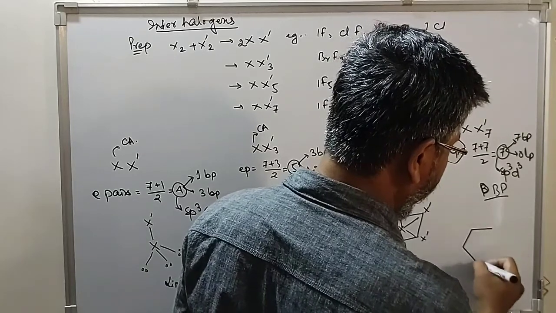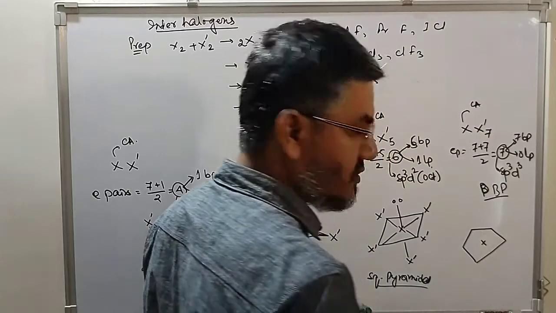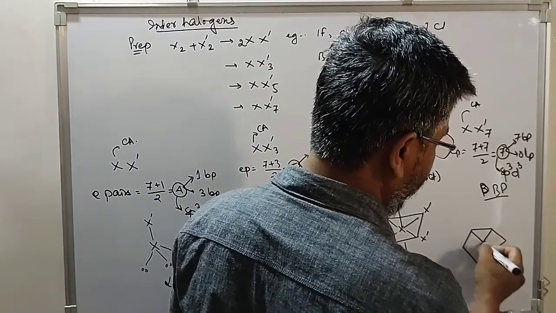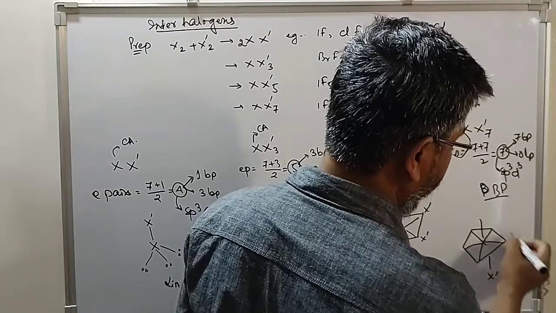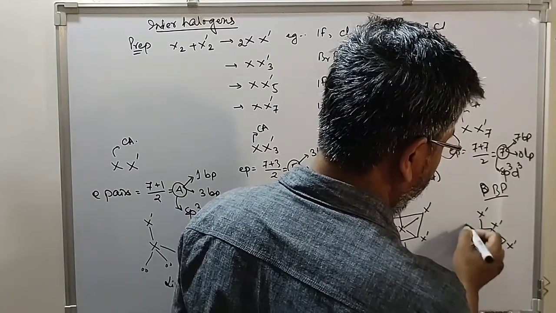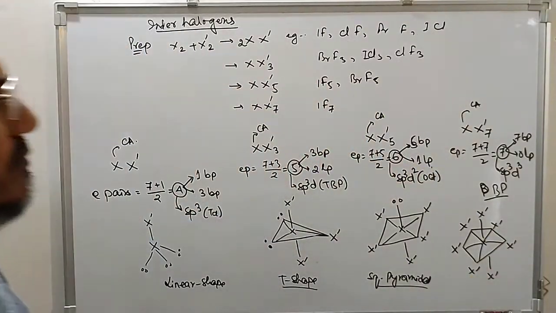We have a regular pentagon, the center is occupied by X, then we have X prime, X prime, X prime. That is pentagonal bipyramidal.